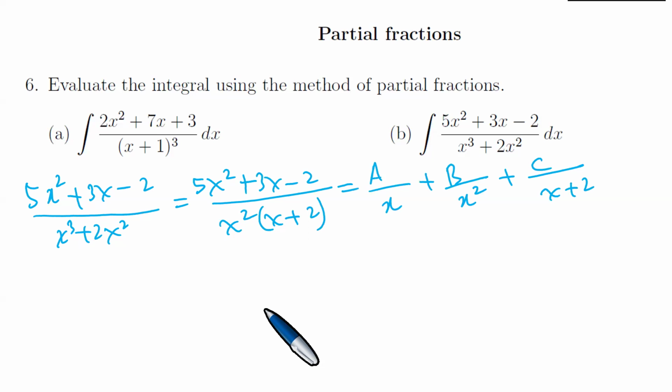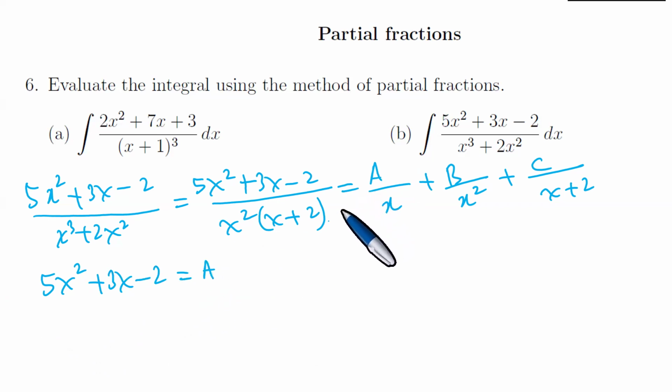Pay particular attention to that. So you get exactly this problem here. Now we will simplify this. You multiply it through by the LCD, getting 5x squared plus 3x minus 2 equals a.